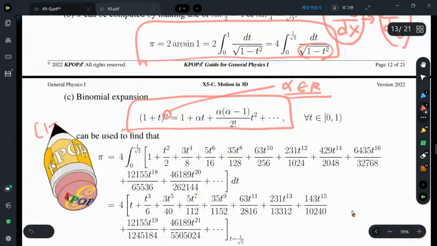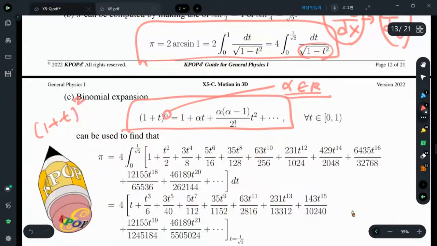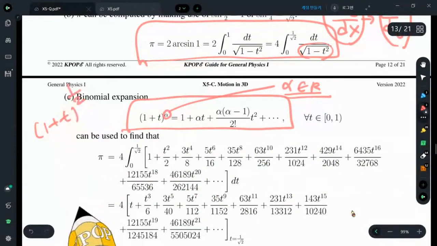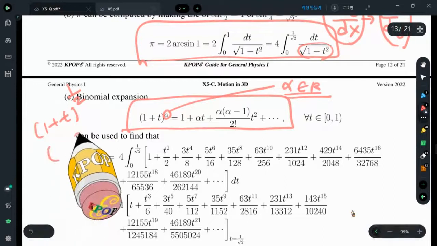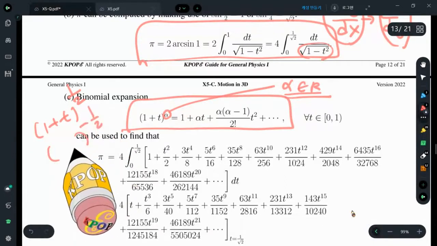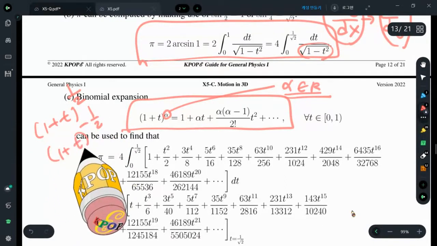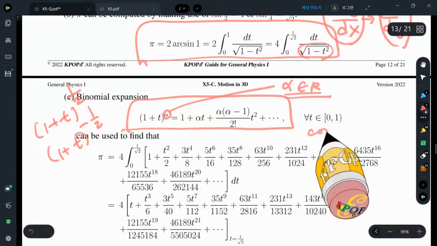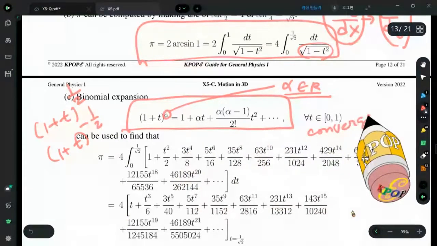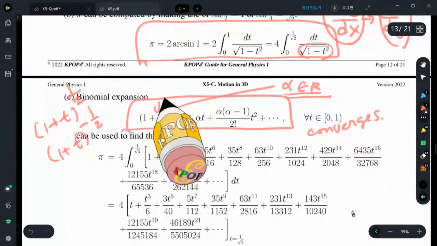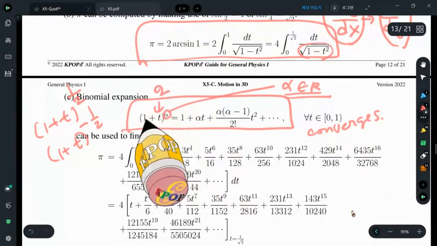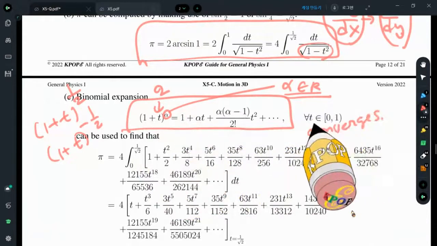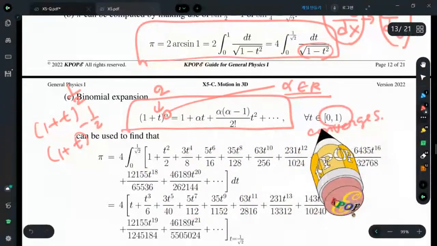It is true for example for the square, that's fine, but it is also true for 1/2. It is also true for minus 1/2. Very useful, only if this expansion converges. For example, if you substitute 2, it fails to converge. It should be in this region.